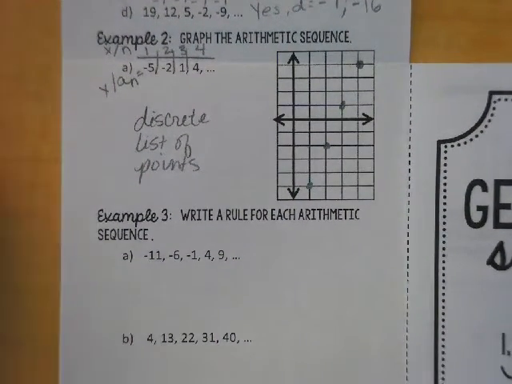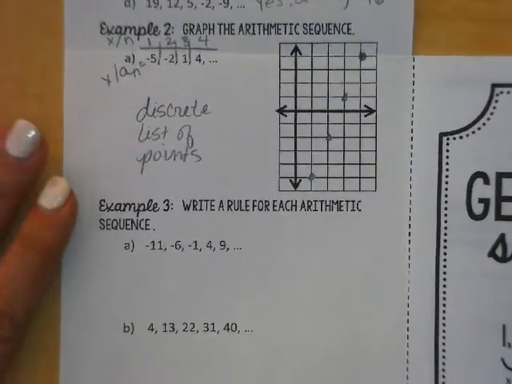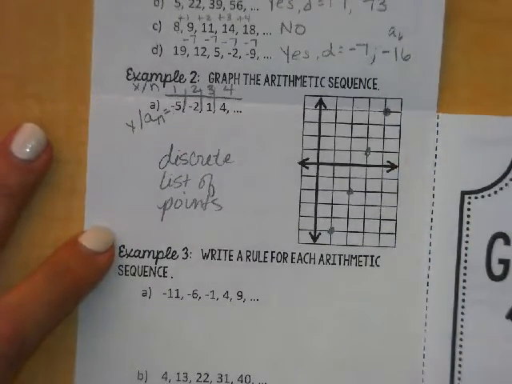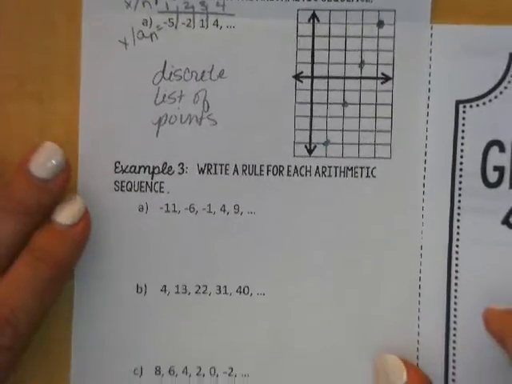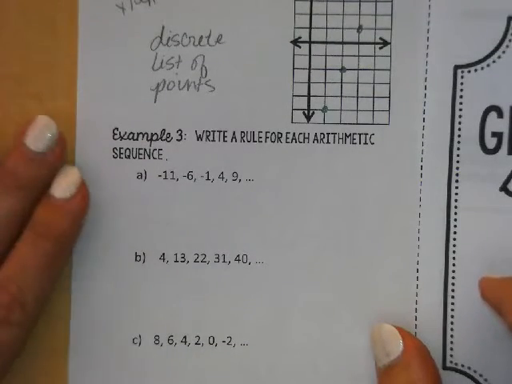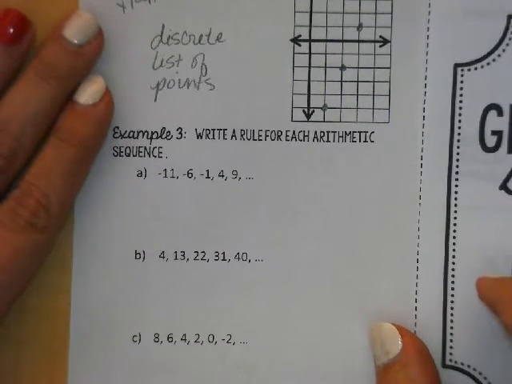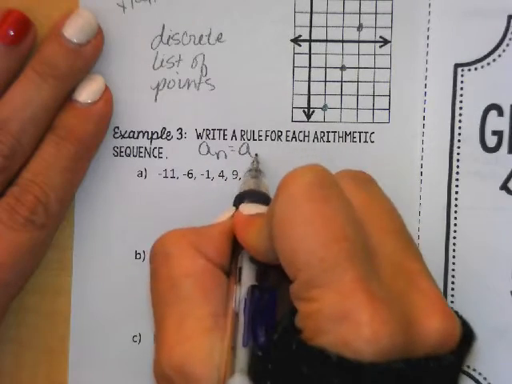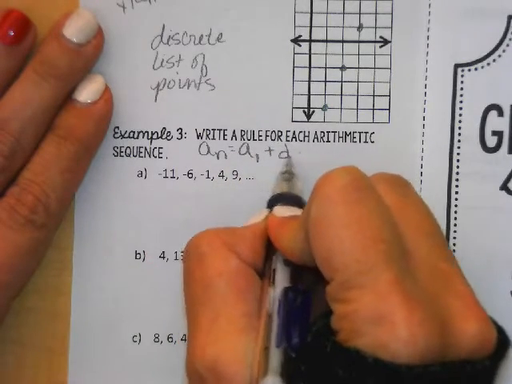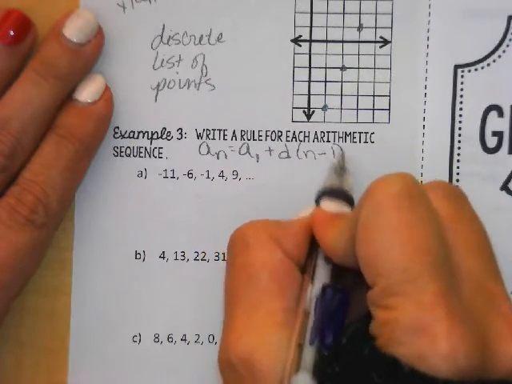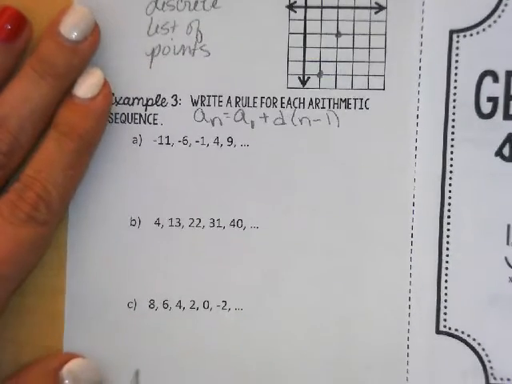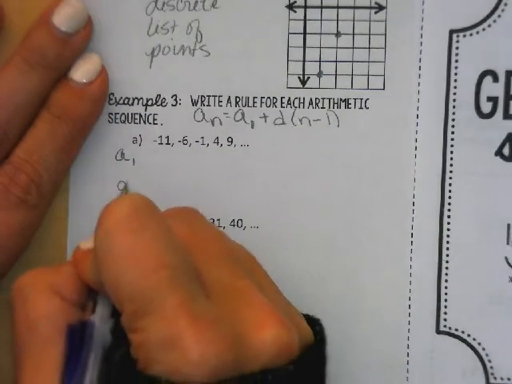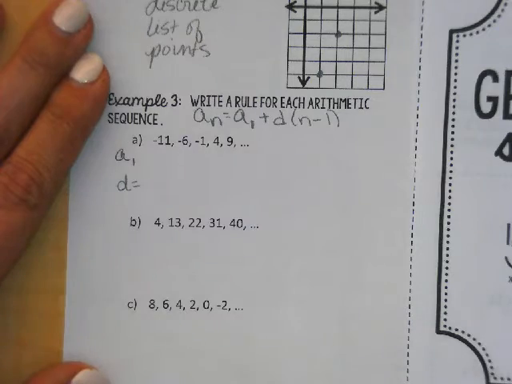Now we've looked at patterns and we've decided if it was in fact arithmetic or not and found that common difference and such. But could you write a rule? Keep in mind, when we write a rule, we need two things. First of all, we need the first term, a sub 1, and we need that common difference. So what do you think? What's my a sub 1 in this particular practice piece?